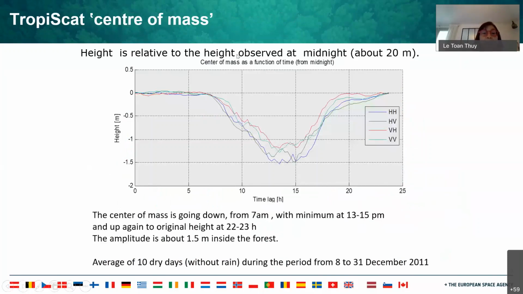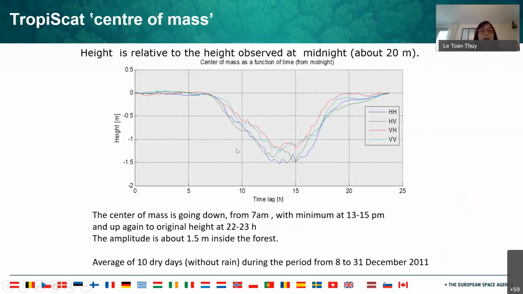And here is a blow-up of this, 0 is midnight, and at 6 o'clock you see that the center of mass is here, but it starts to go down from 7 o'clock, with a minimum here at 13:15, and then goes up again at 22, 23 hours.